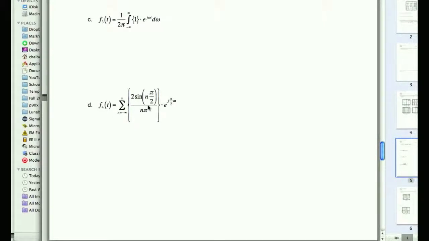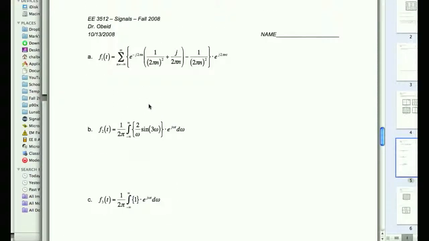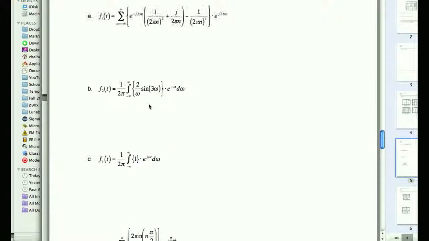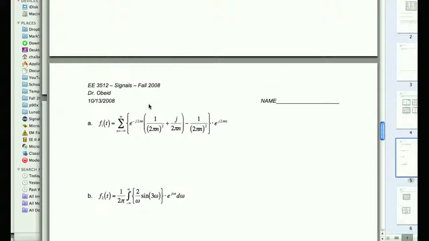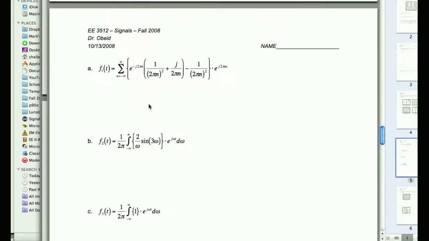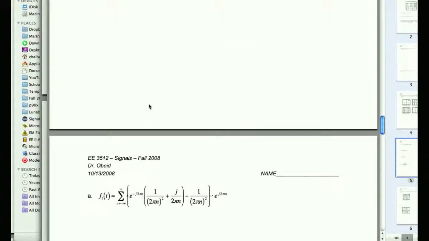Therefore those sums of harmonics have to correspond to periodic signals. So those have to correspond to signal capital B and capital C. And the two integrals have to go to the aperiodic signals.